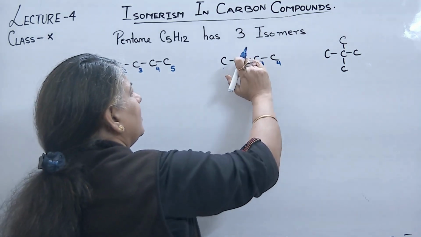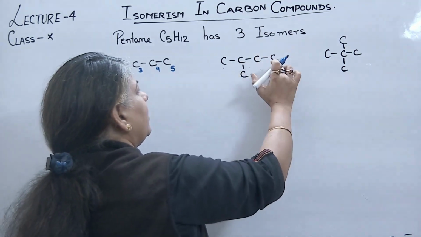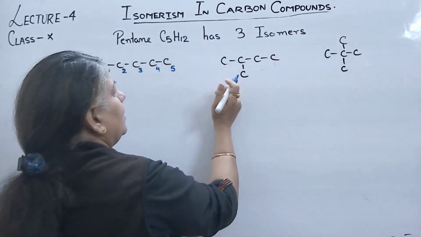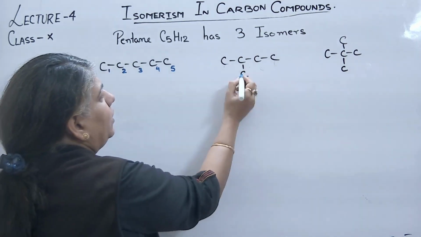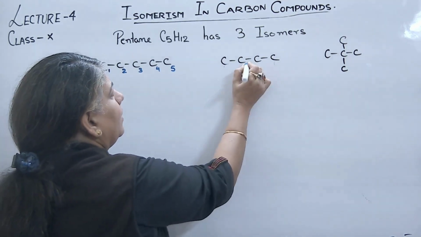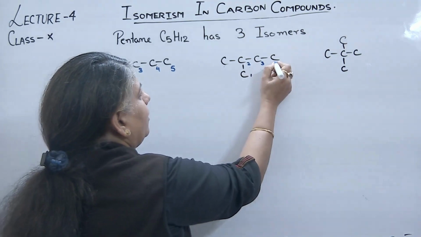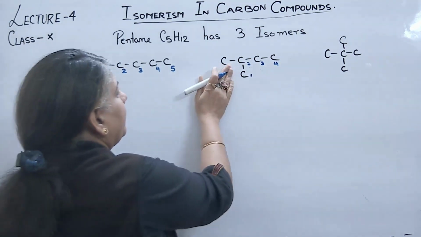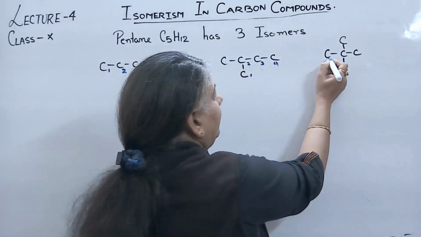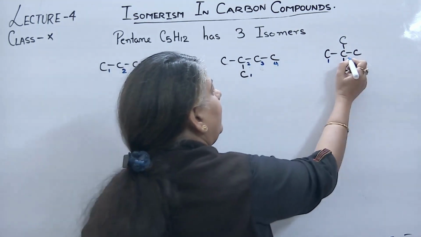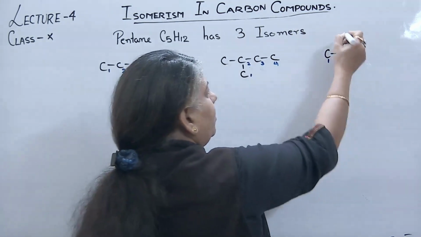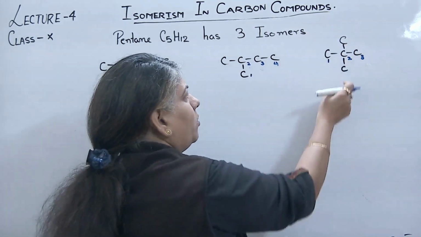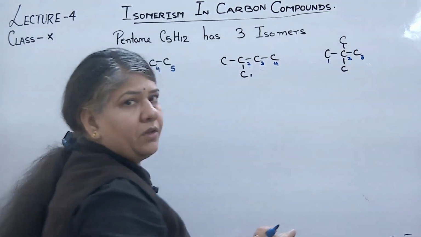See, you can write it in this way also. Instead of beginning from here, you can write it 1, 2, 3, 4. This is also a continuous chain. In this case, numbering can happen like this: 1, 2, 3, or you can number it from top to bottom: 1, 2, 3. That is also fine.